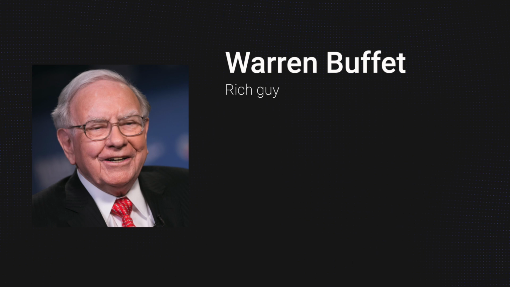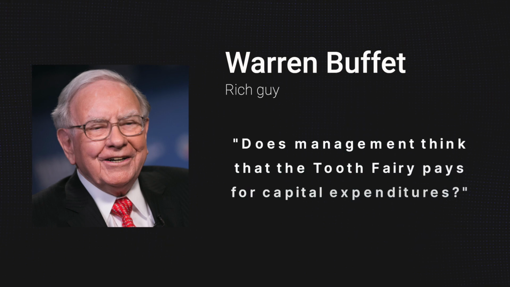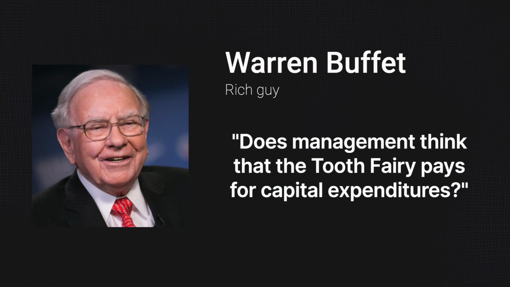Now, let's talk about depreciation and amortization. From our discussion earlier, we know that depreciation and amortization are not cash expenses. In that sense, carving these items out does actually help us better estimate the day-to-day cash flow. However, the mistake beginners make with this is forgetting that these big assets need to be replaced. Warren Buffett is a well-known critic of the EBITDA metric and famously said, "Does management think that the tooth fairy pays for capital expenditures?"